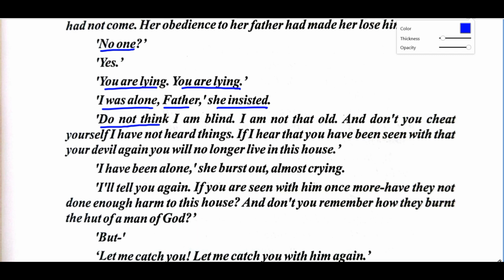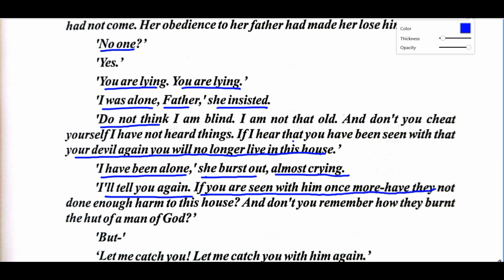"Do not think I am blind. I am not that old. And don't you cheat yourself. I have not heard things. If I hear that you have been seeing that devil of yours again, you no longer live in this house." "I have been alone," she burst out, almost crying. "I will tell you again. If you are seen with him once more... have they not done enough harm to this house? And don't you remember how they burnt the art of a man of God?